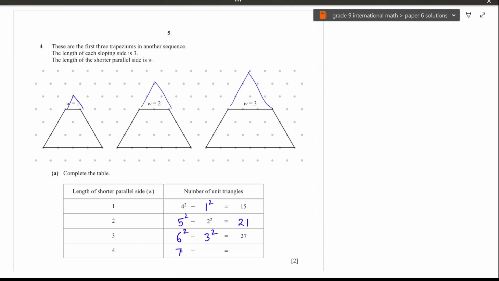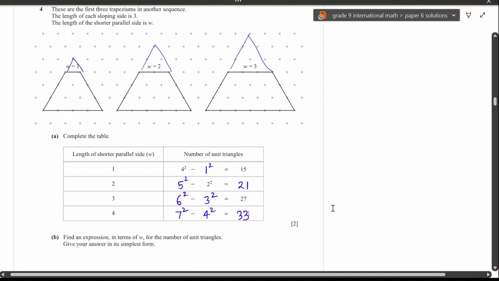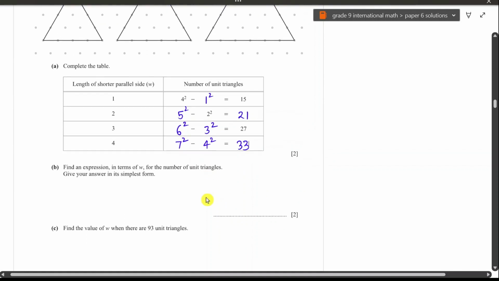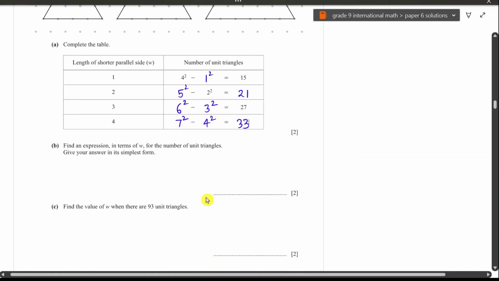And this is 7 square minus 4 square, which is 49 minus 16. So 49 minus 16 gives you 33. You can definitely use your GDC wherever you feel like, but till this point there was really no need of a calculator. Well, you're free to use it at any point.